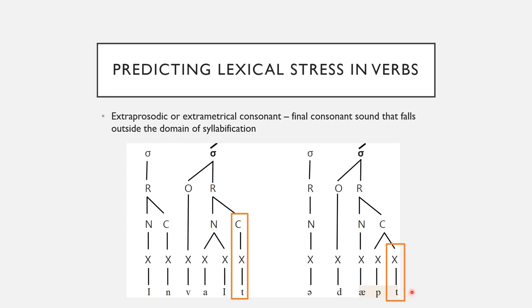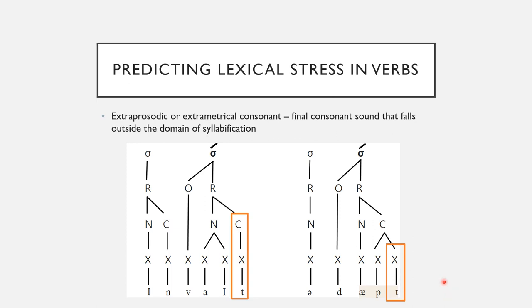In the word adapt, the rhyme also contains three X values. Again, the extraprosodic consonant T becomes invisible. But even with the absence of the extraprosodic consonant, the rhyme still carries two X values, which makes it a heavy syllable.